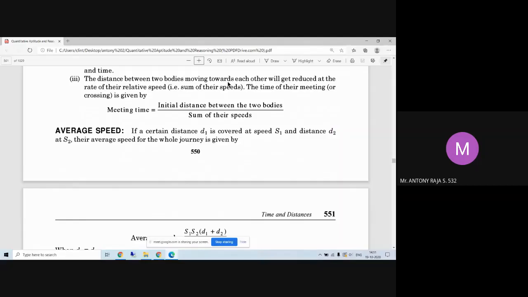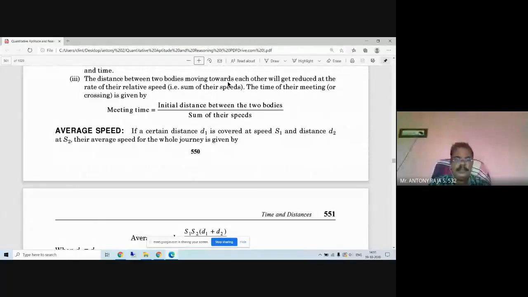Assuming that one train is moving from Coimbatore to Chennai, and another train is moving from Chennai to Coimbatore. The time of their meeting or crossing is given by: meeting time is equal to the initial distance between the two bodies divided by the sum of their speeds.